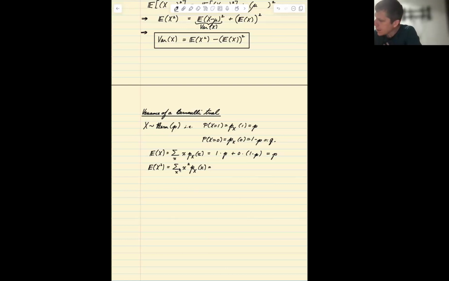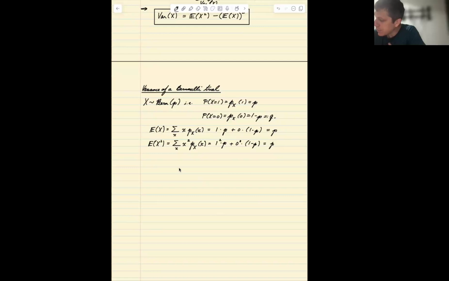So this is 1 squared times p plus 0 squared times 1 minus p. The expectation of x squared is also just p. That makes sense because the two possible values, 1 and 0, don't change when you square them.